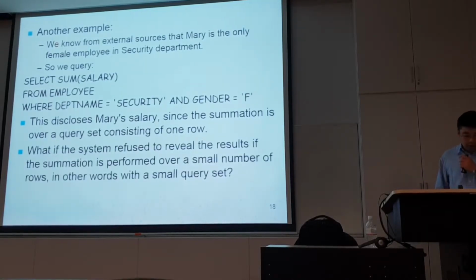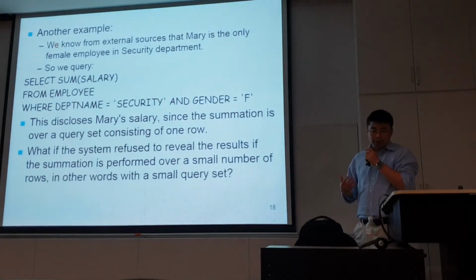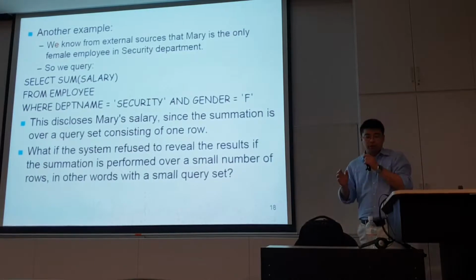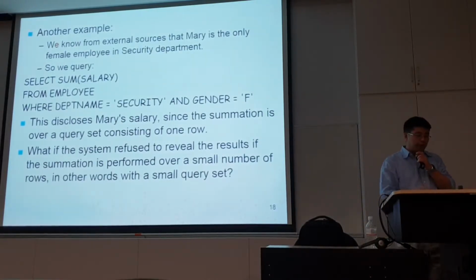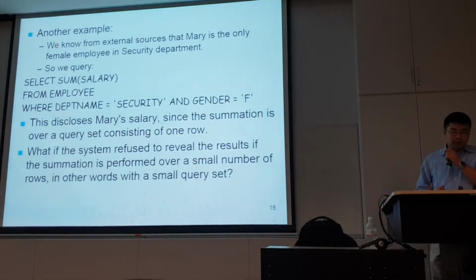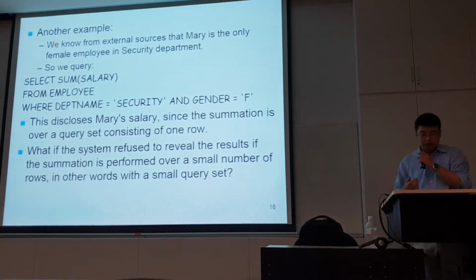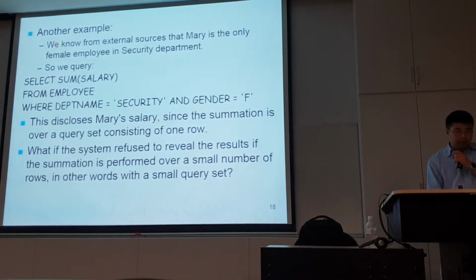As I said, in order to prevent this kind of attack, sometimes the statistical database will try to reject a query which only contains a small set of results. If only one record would be returned, the statistical database will reject it, because with only one record the aggregate data is the same as the exact data.